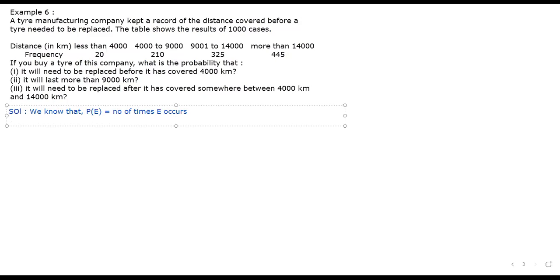number of times E occurs upon total number of outcomes. What is the first?